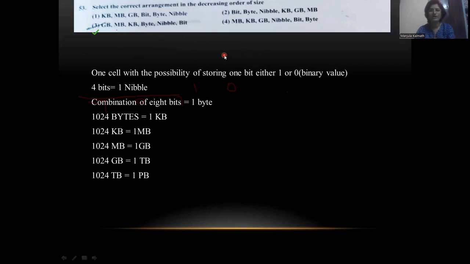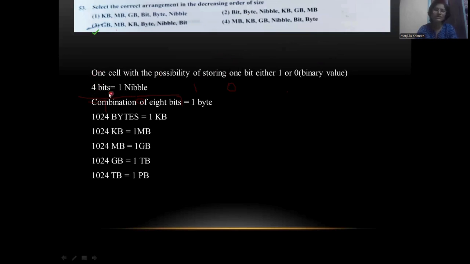That's why in binary the base value taken is 2: 2 raised to 0, 2 raised to 1, 2 raised to 2 and so on. Memory will be calculated in the exponential form of the base value 2. So here we have 4 bits, which is called 1 nibble. Like that, 1 cell is 1 bit.